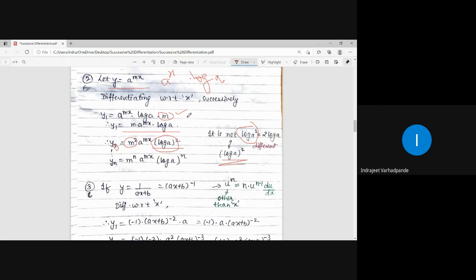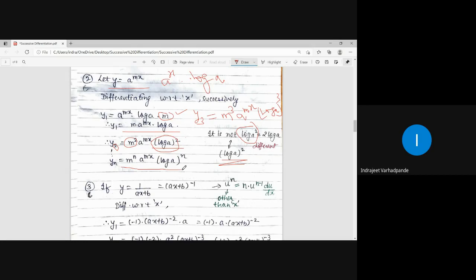In y3, what will be y3? Y3 will be equal to m cube into a to the power mx into log a whole cube, right? So we will be getting the nth derivative as m to the power n, a to the power mx, into log a to the power n.